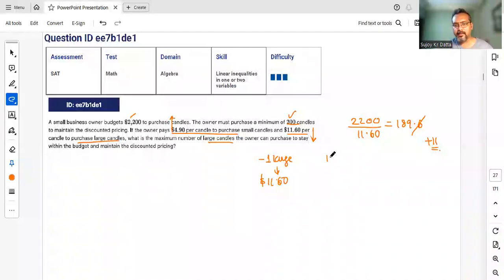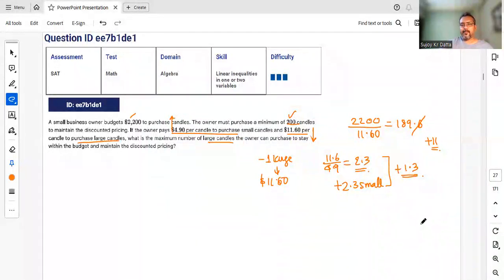You divide 11.6 by 4.9. That would be around 2.3. So that means for every one less large candle, you can buy plus 2.3 small. Means you are getting a net increase of plus 1.3.